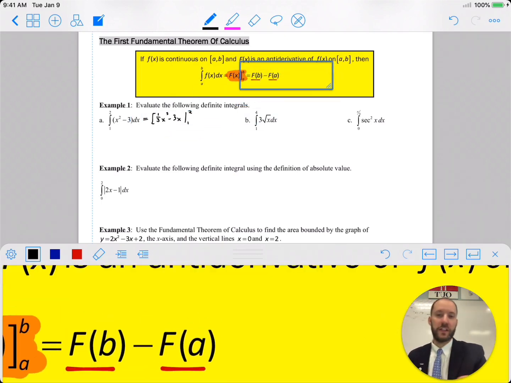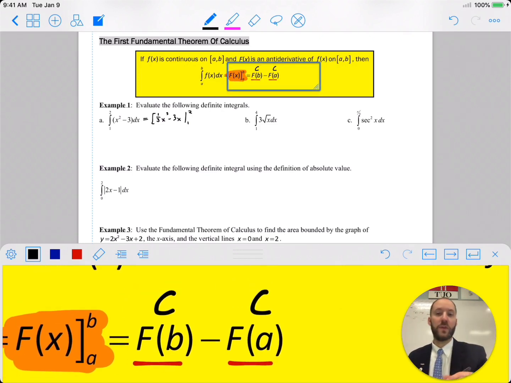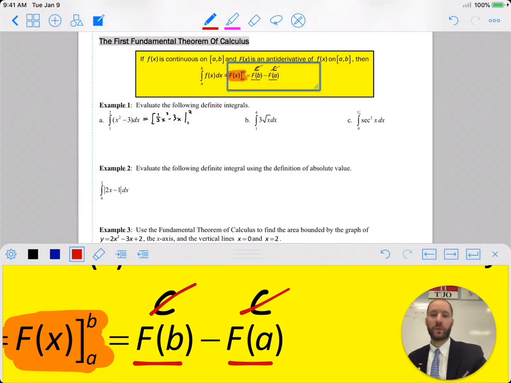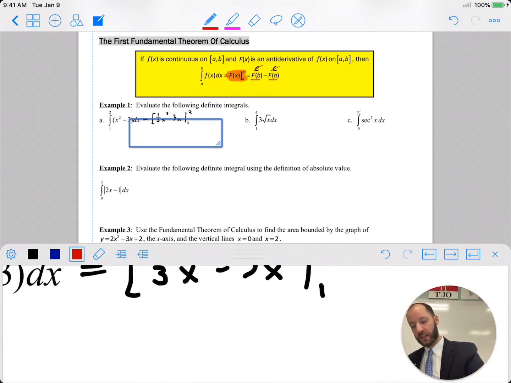If you included a c, there'd be a c with big F(b) and a c with big F(a), and when you just subtracted those, the c's would cancel out. So you don't need plus c with definite integrals. You need it with indefinite but not definite, because you're doing that subtraction.